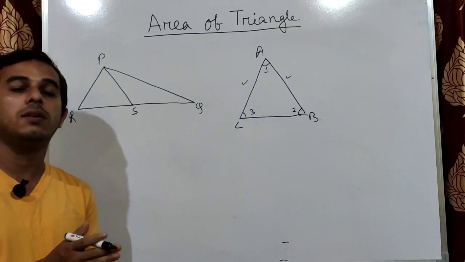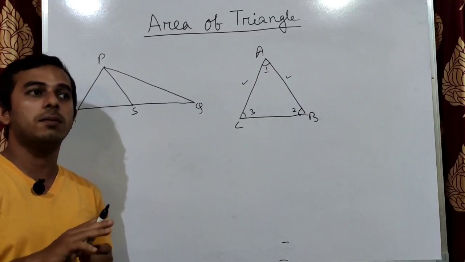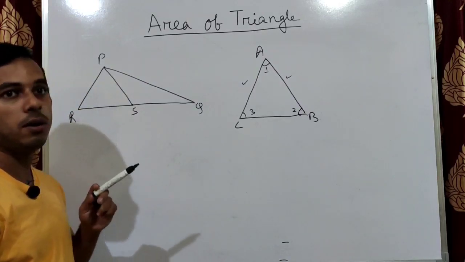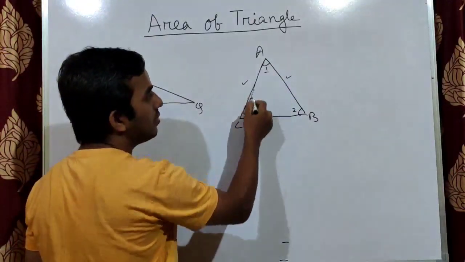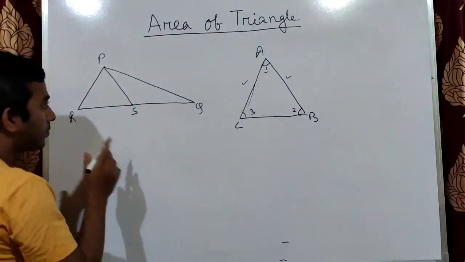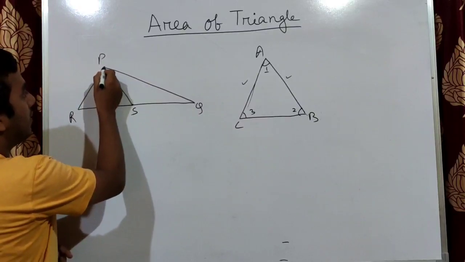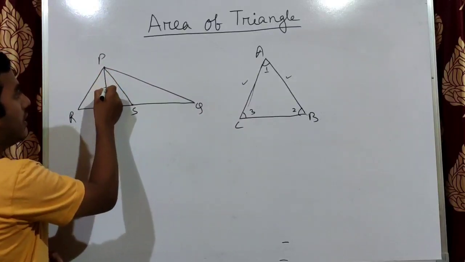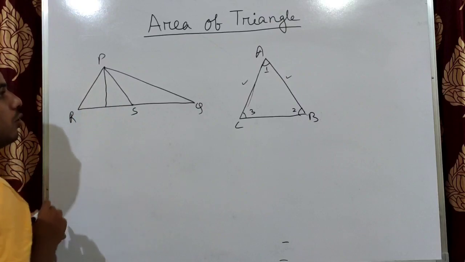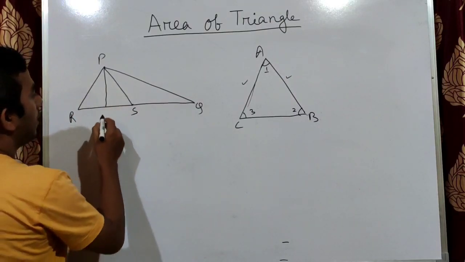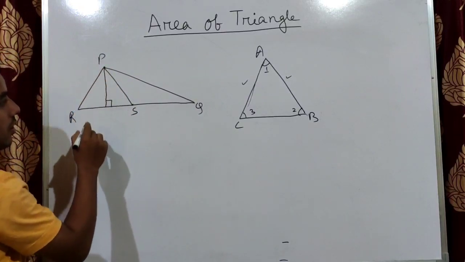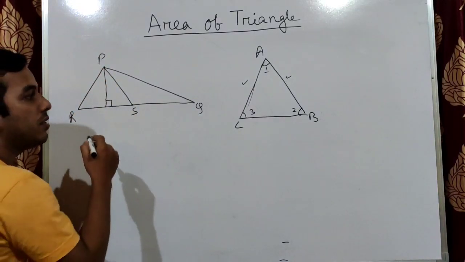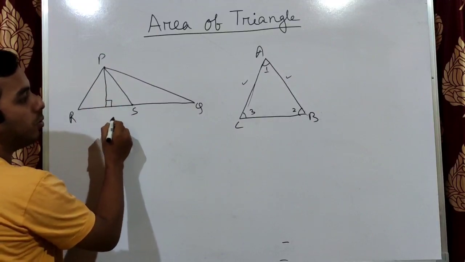Slant means something like a mountain or a hill. Suppose this is the hill, this is known as slant. But the line segment which is straight is perpendicular. That means it always remains at 90 degrees. The line segment which is straight and touches the opposite side is known as the altitude.